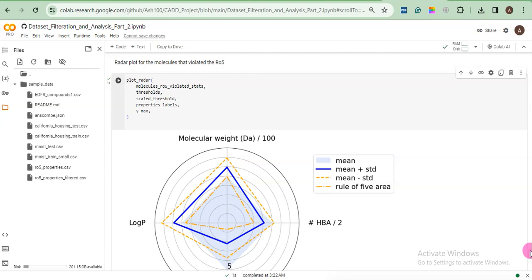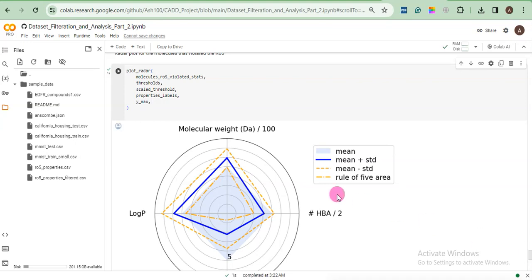Okay, now compare these two. We know that this is the plot for the data which violates. Now you can see where the log P came. The rule of 5 area is almost here. This is the mean area, this is the rule of 5 area. Even the log P reaches here, and even the molecular weight reaches here, too much high.